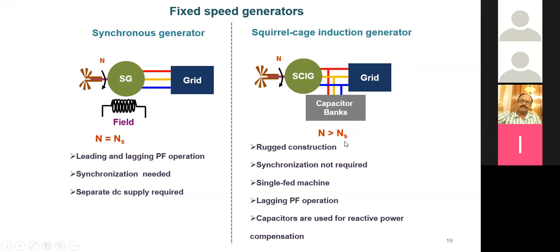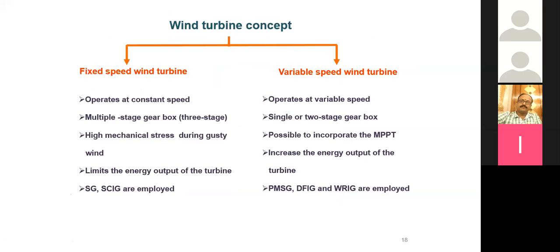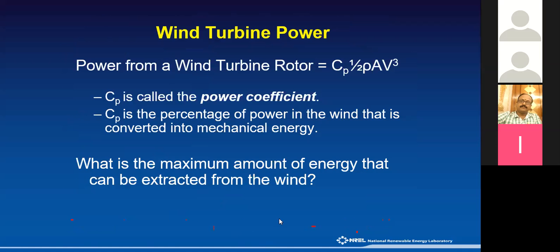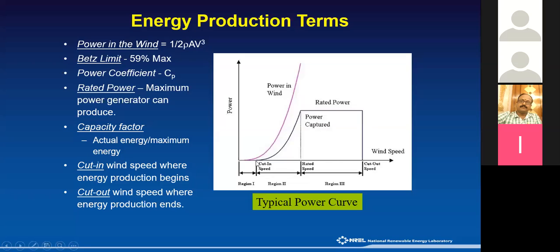So according to the wind characteristics that we have seen, here I have shown the wind characteristics. Here this is the 1500 RPM. After 1500 RPM only, it starts to produce the power. So this speed is called the cut-in speed. Below the cut-in speed, we need to move it to the parking mode.